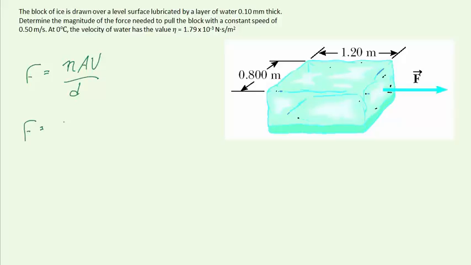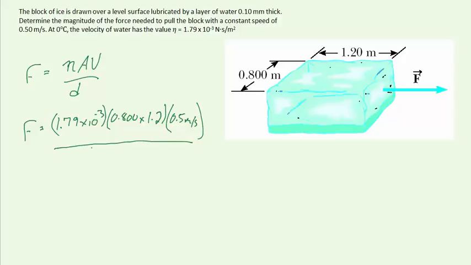So we're given that eta was equal to 1.79 times 10 to the negative third, and that the area of our block can be calculated by taking the width times the length, which is 0.8 multiplied by 1.2 meters to give us our area, and we're given that our velocity of the block of ice is 0.5 meters per second, divided by the thickness of our layer, which is 0.1 millimeters.